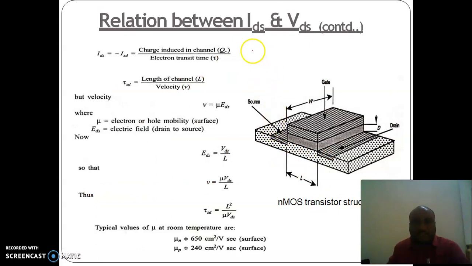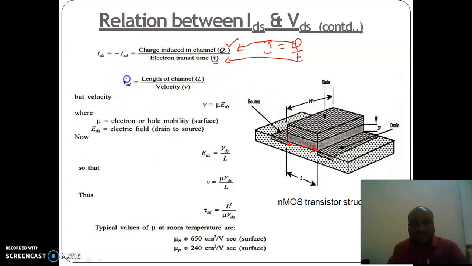Now let us consider a known equation for current, I equals Q by T, charge per unit time. Relating this to our structure, charge represents the charge induced in the channel, and T represents the electron transit time, represented as tau, that is the time taken by the electron to move from source to drain.